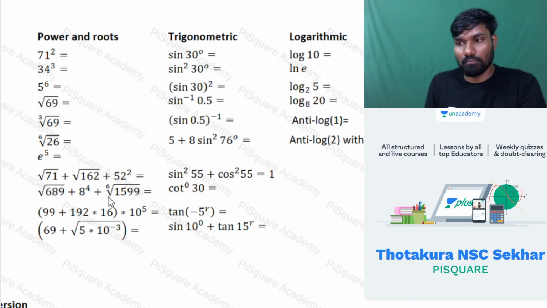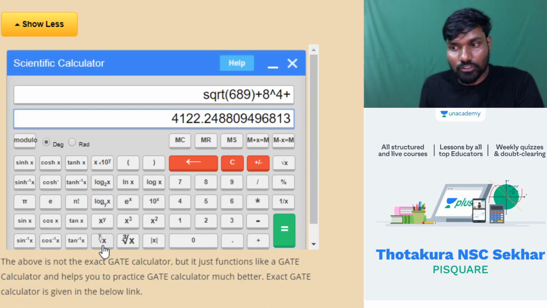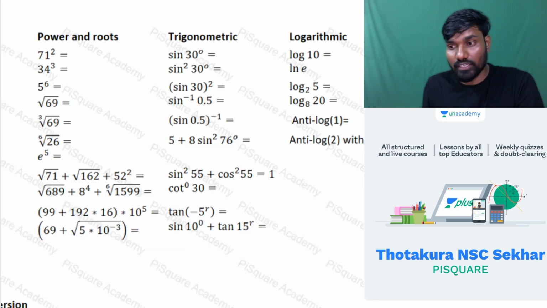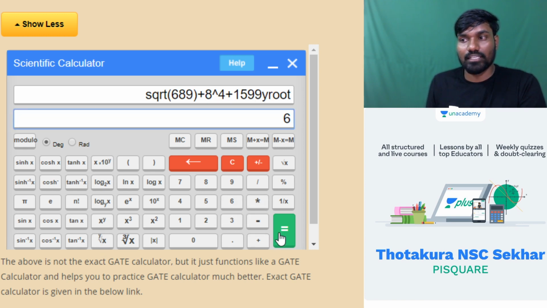Next is plus 6th root of 1599, x first. So x value is 1599 first, then y.